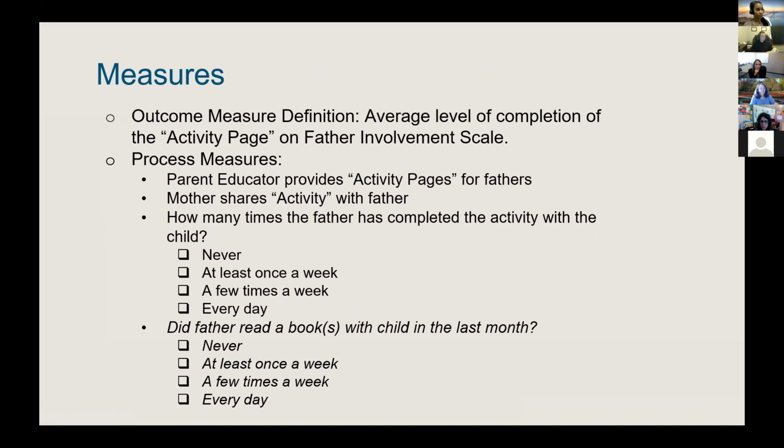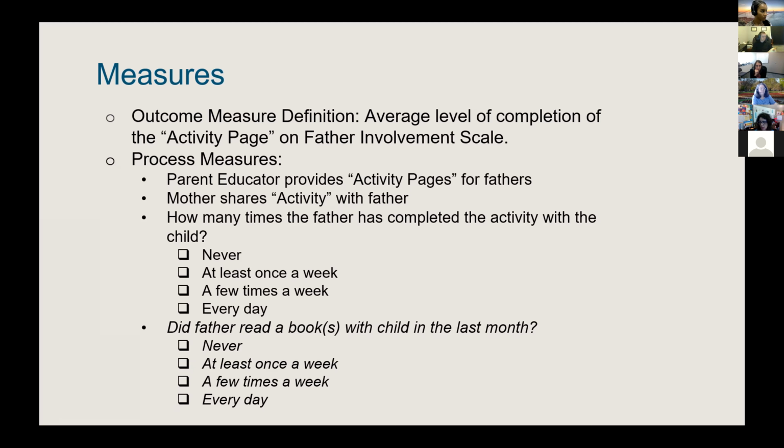The outcome measure was the average level of completion of the activity page and the father involvement scale. For the process measures, parent educators were going to provide activity pages for fathers and give them to the mom, who shared the activities with the fathers. We were going to enter in ETO how many times the father completed the activity with the child.